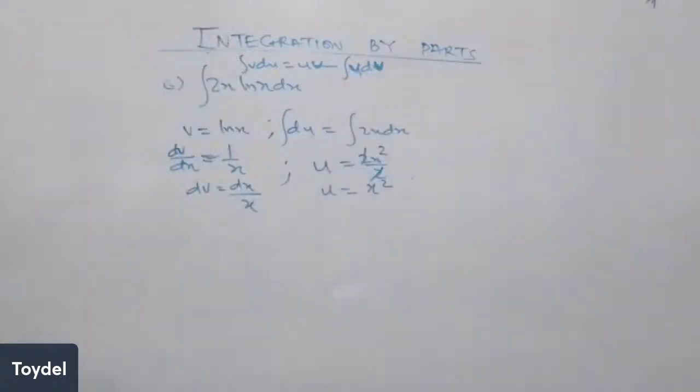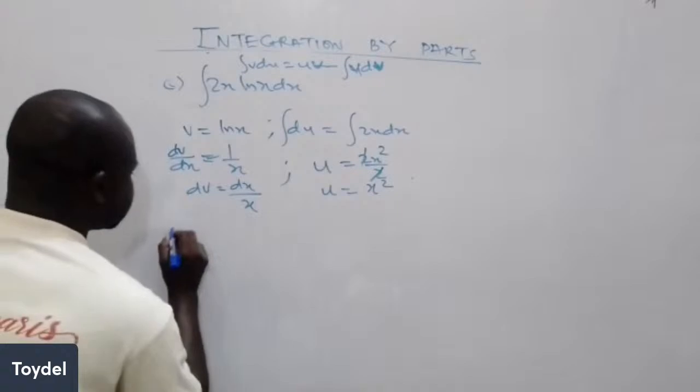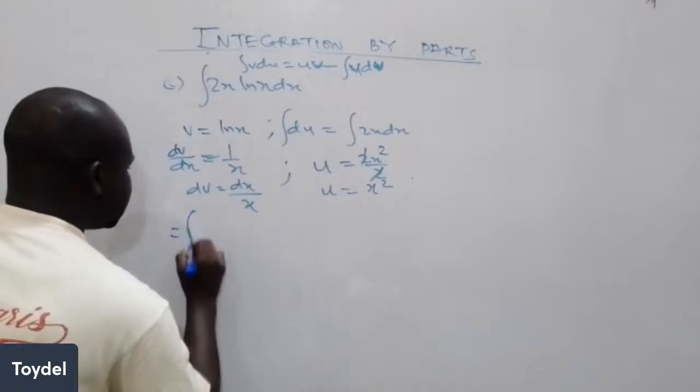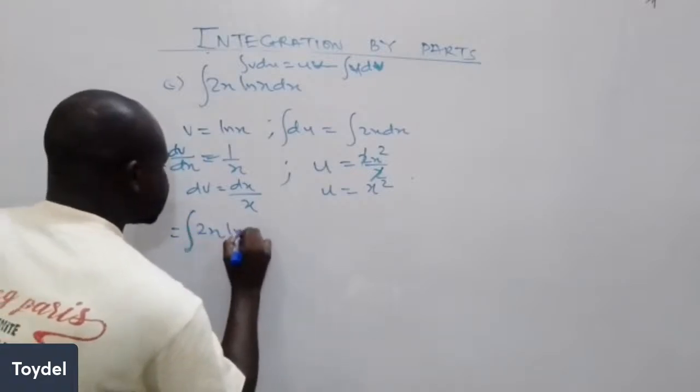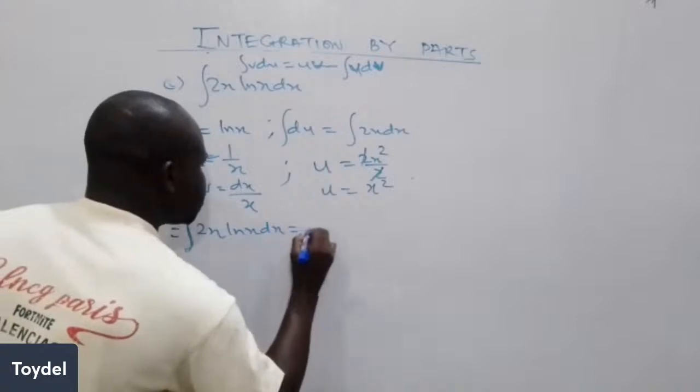That is the formula. When we express it, integral v du is equal to uv minus integral u dv. So let's now express this, instead of integral 2x ln x dx, it's going to give you u.